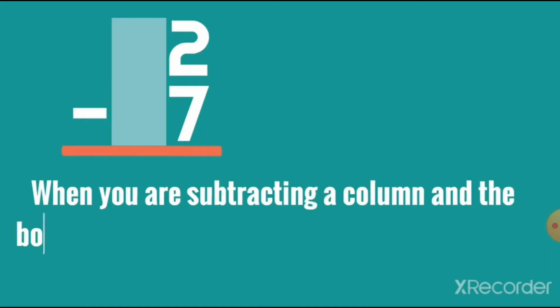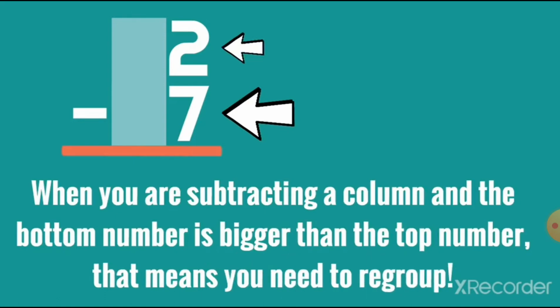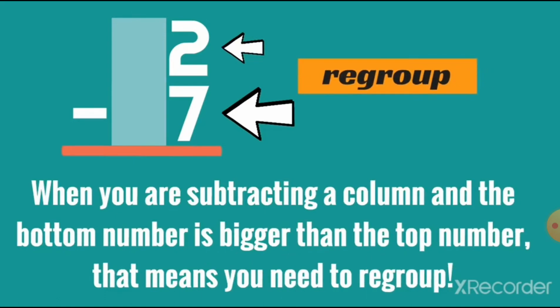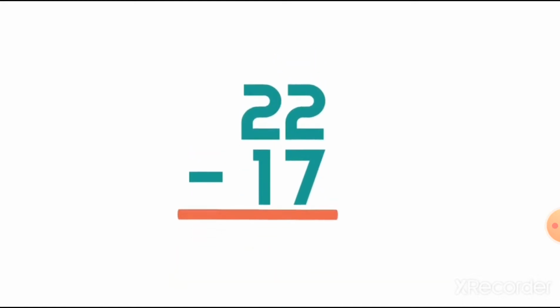When you are subtracting a column and the bottom number is bigger than the top number, that means you need to regroup. Here you can see the top number is 2 and the bottom number is 7. So here we need to regroup. Let's take 10 from the tens column.